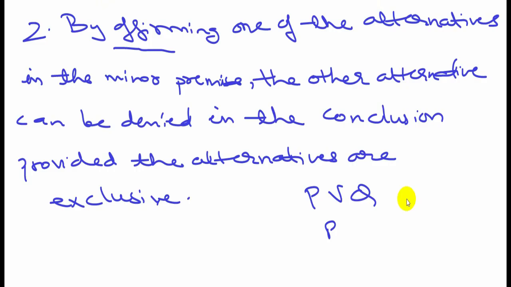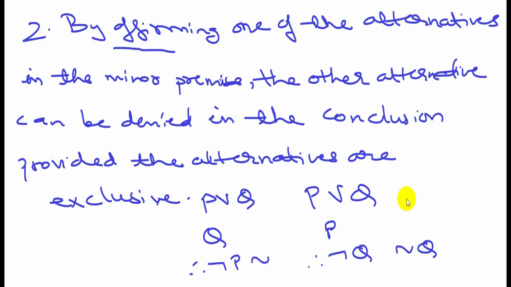It says P, that is, it affirms the P, therefore not Q. You can use this symbol, not Q. The other situation would be P or Q, and we are saying Q, therefore the conclusion is not P, like this.